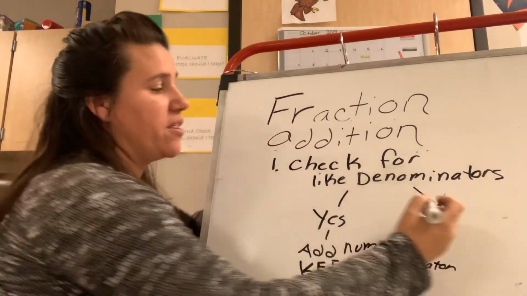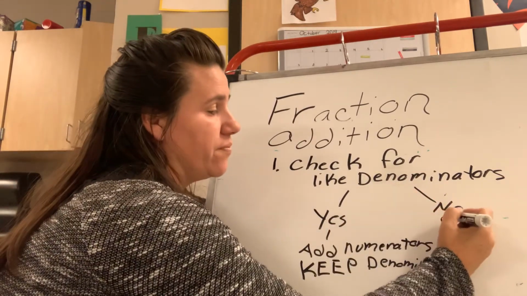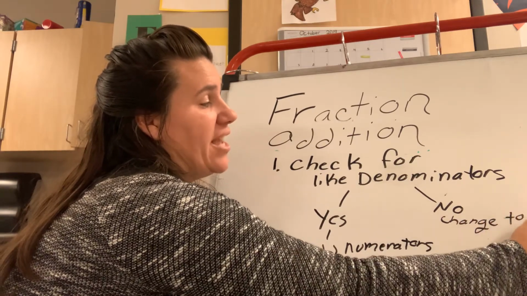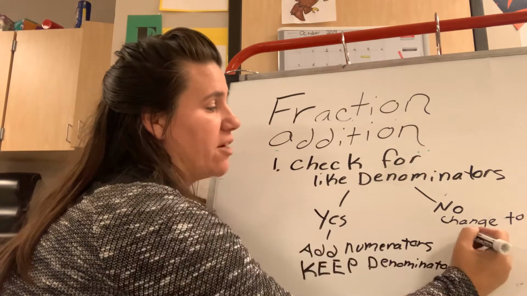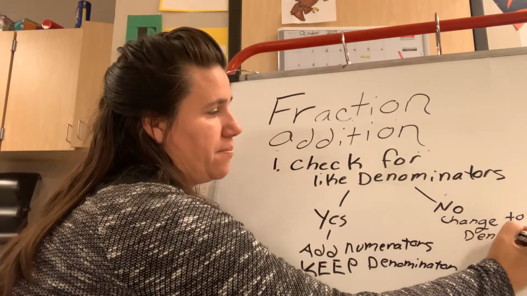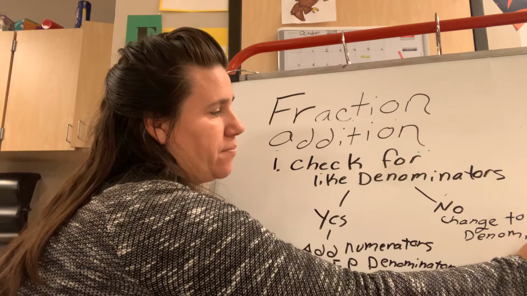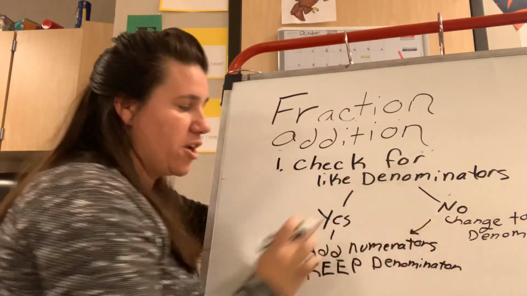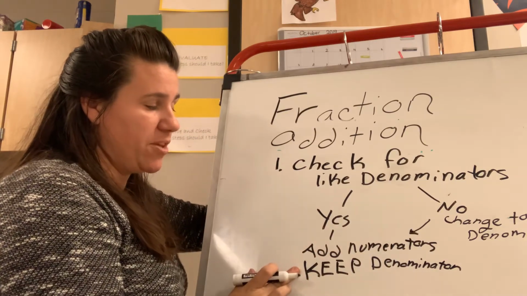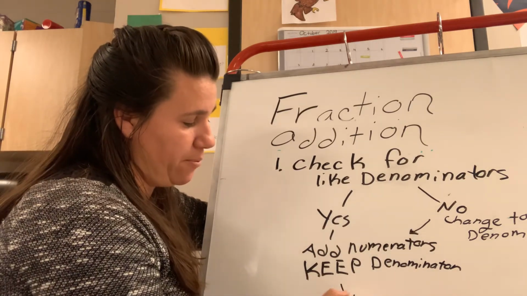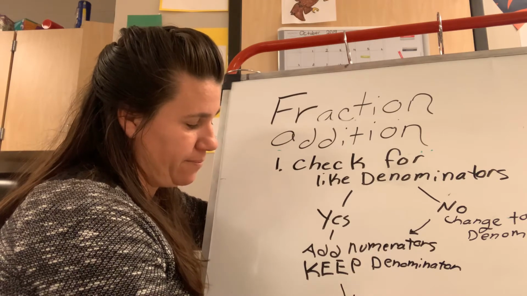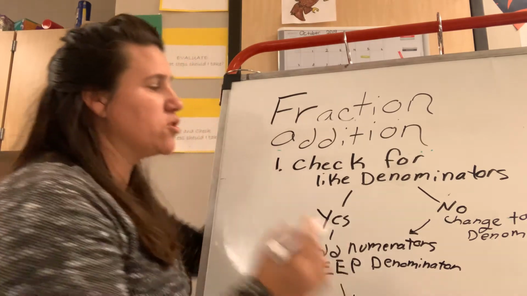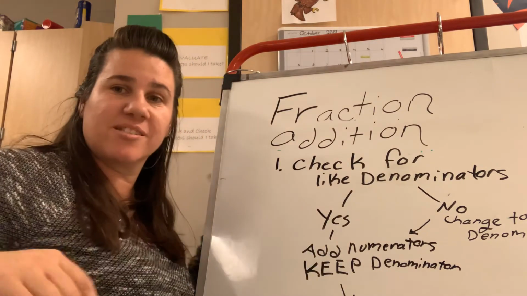If it's no, then you need to change to like denominators. And then you come over here, you'll add the numerators, keep the denominator, and our next step would be to simplify. So those are the steps for adding with fractions.